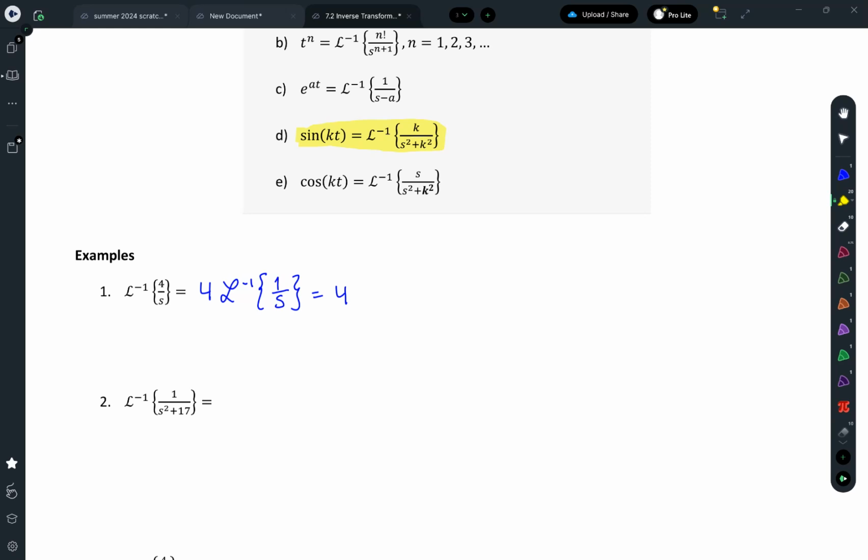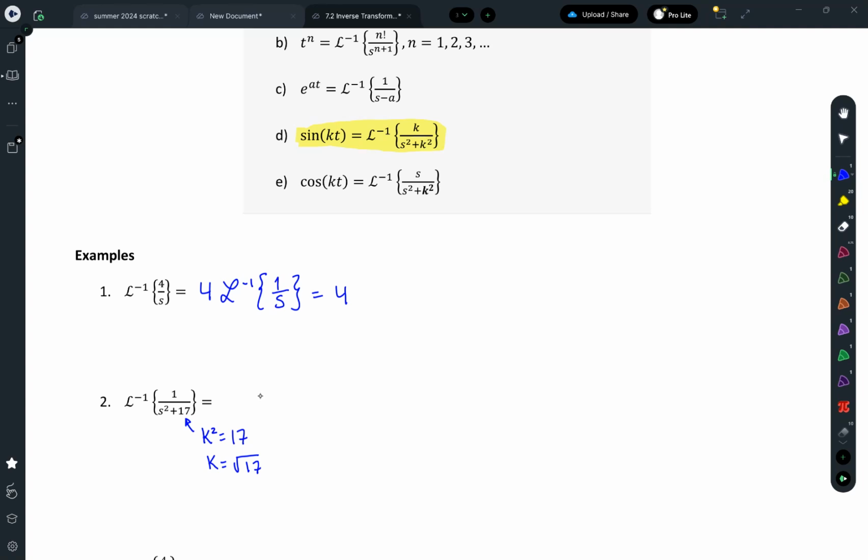But I can get really tricky with my algebra and introduce a number, okay? So I'm looking at this denominator, and the 17 tells me that k squared is 17, so k is the square root of 17. That means I need a square root of 17 in my numerator.